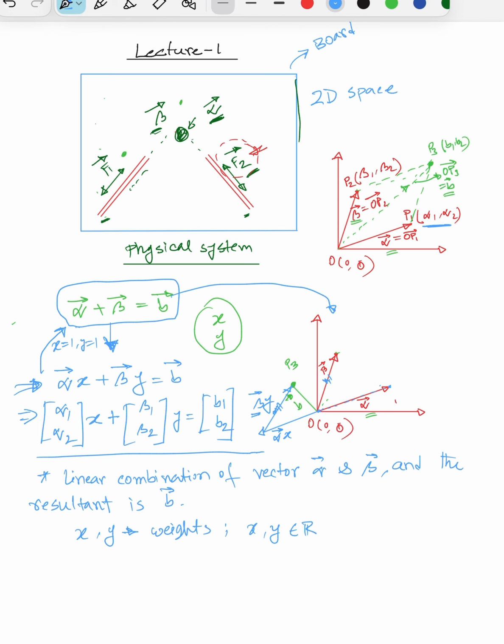In that case, we can indefinitely change the values, the magnitude of the displacement vectors alpha and beta, and get any point on this board.